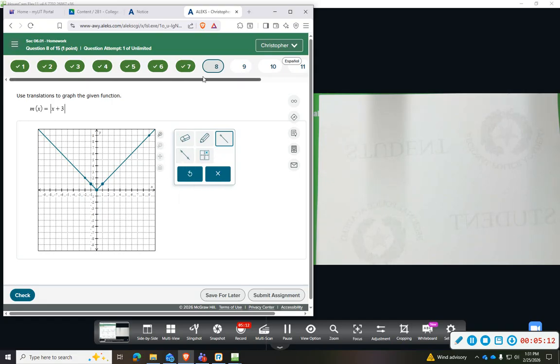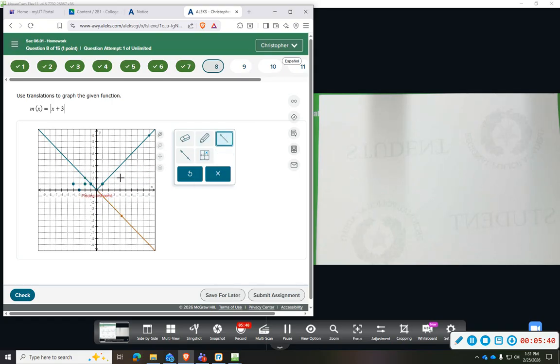Now, unlike the previous problem, it doesn't give me the transformation, so maybe I should have just transformed it. But what's going to happen is that this graph is going to get shifted 3 units to the left. So if I was to take this and move it 3 units to the left, I would get the same V shape, but it would start here. So if I plot a point at -3 and go up 1, right 1, and then go up 1 and left 1, I will get that.